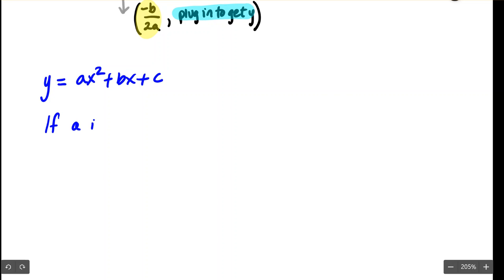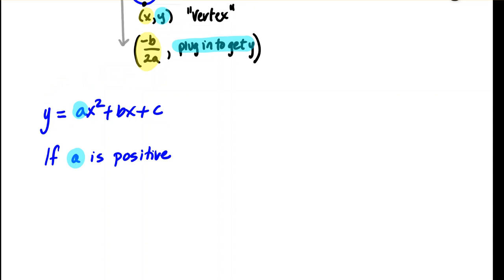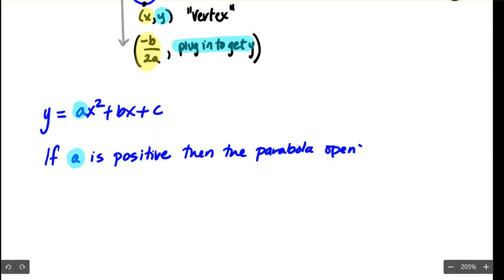If a is positive, then the parabola opens up. It looks like that. So what must be the case? That vertex is a minimum.